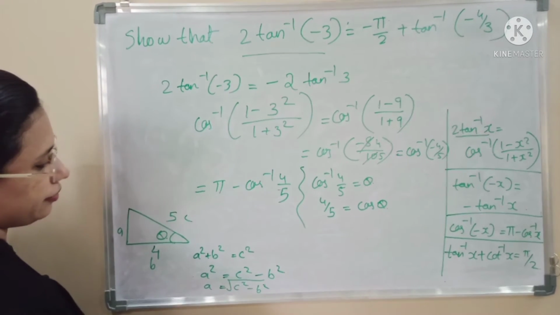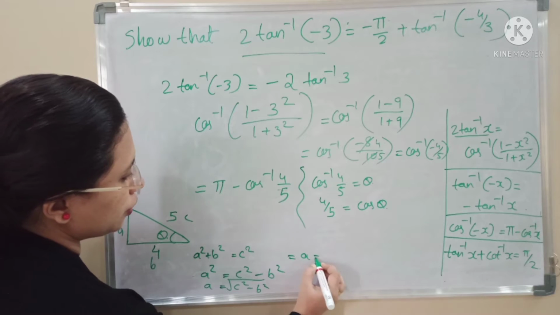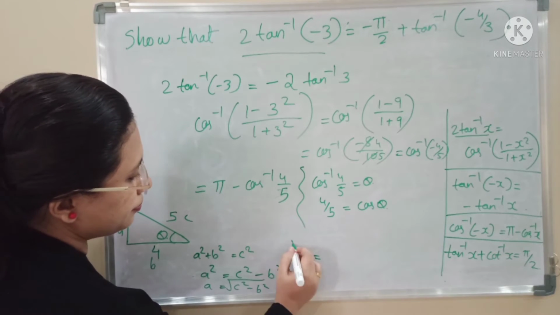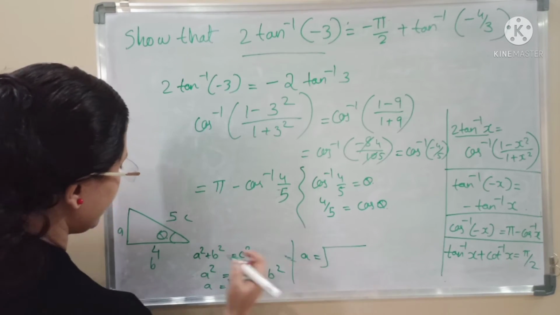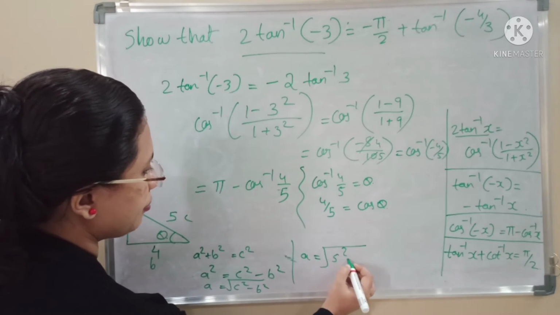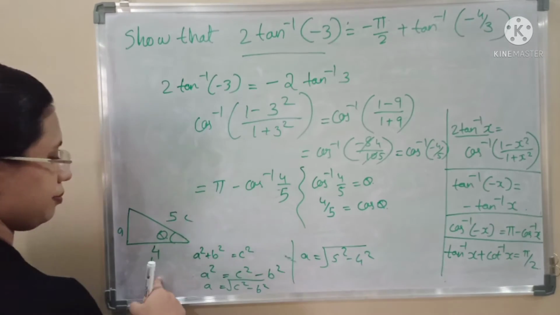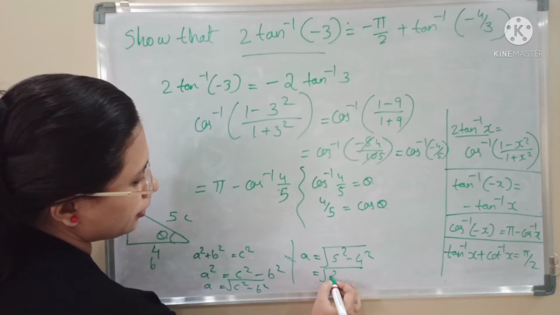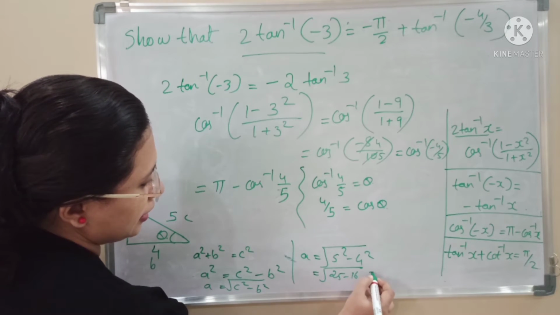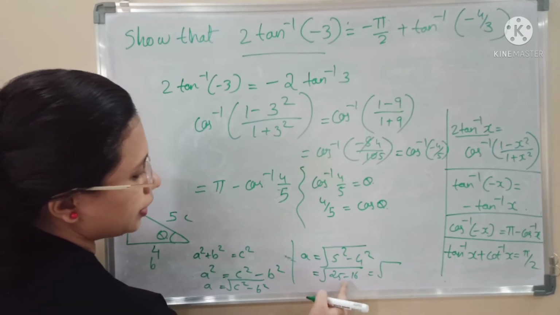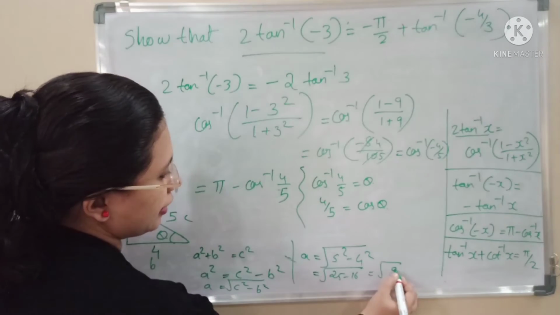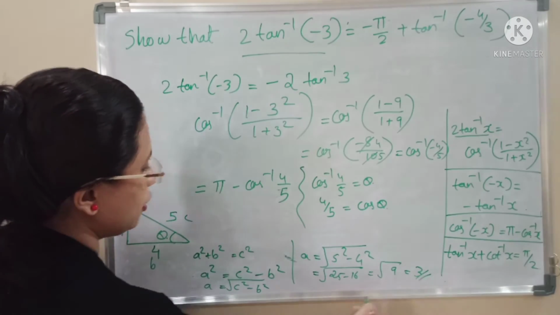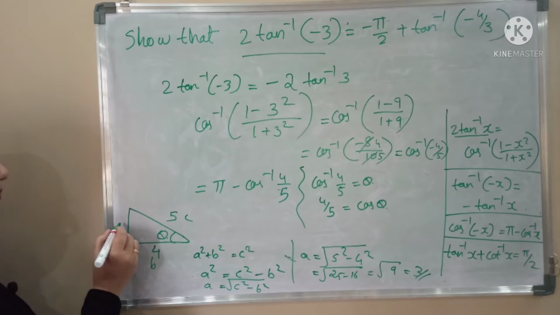So what are the values? a will be equal to root of c square, 5 square, minus b square, that is 4 square. So that is 25 minus 16. Root 25 minus 16 is root 9. So the a value will be 3.